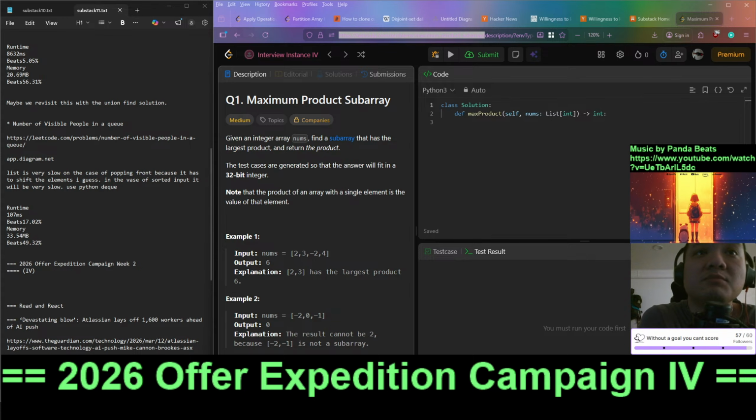Maximum product subarray. What is this? So you can generate all the subset, right?